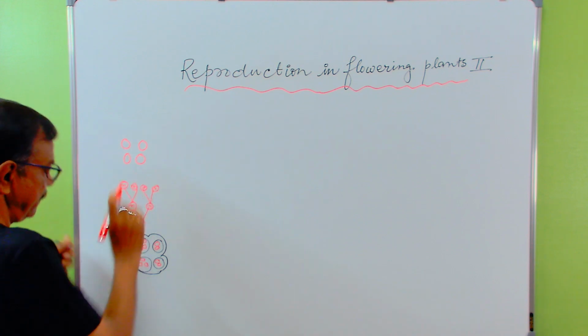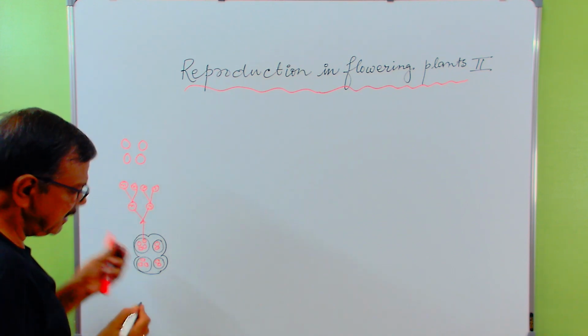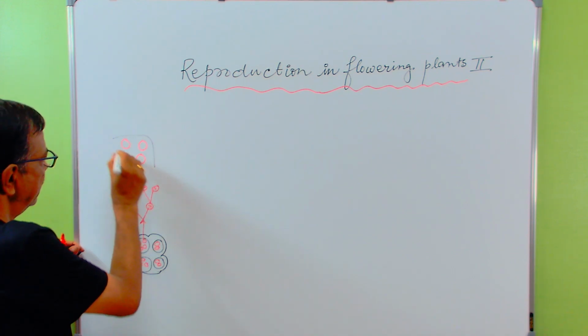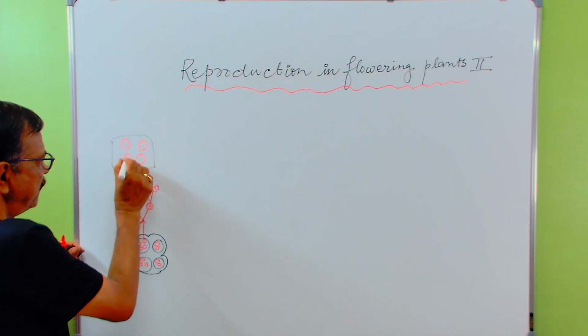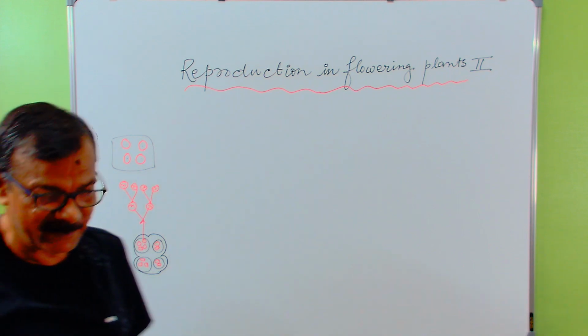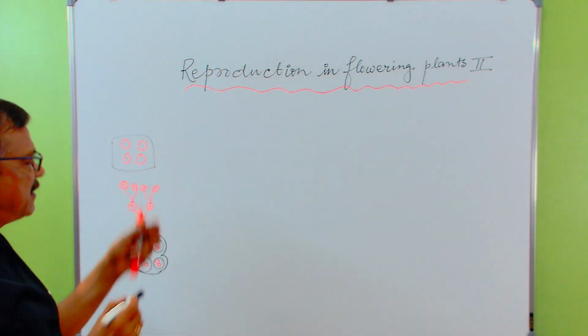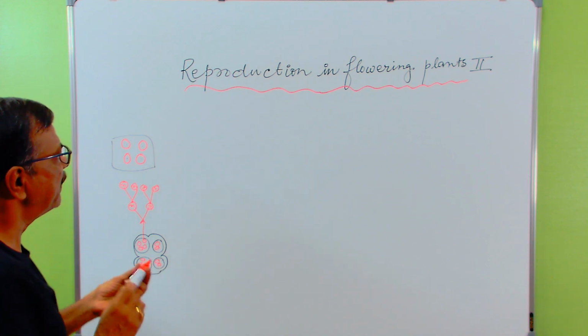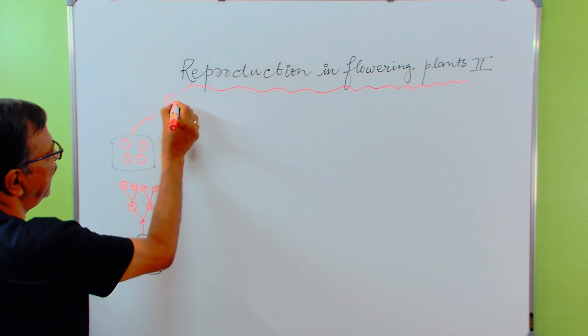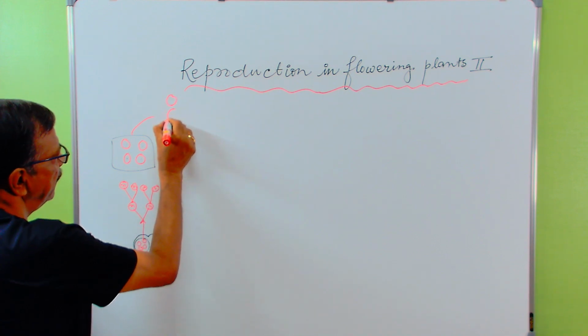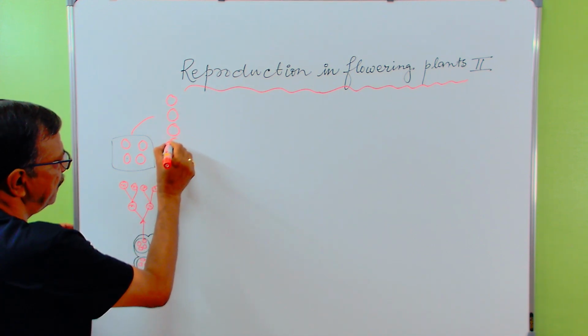So 4 microspore cells were produced, and initially they were like this. This is known as a tetrahedral arrangement. From this tetrahedral arrangement, as we saw in the last episode, 4 haploid nuclei are produced.